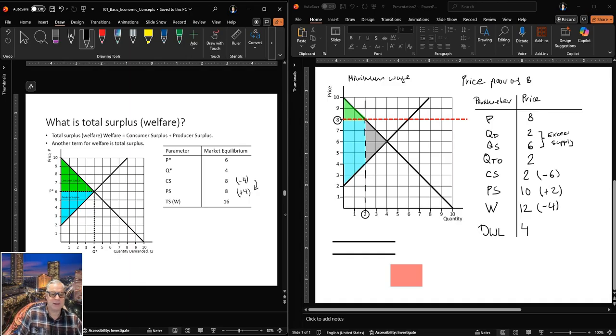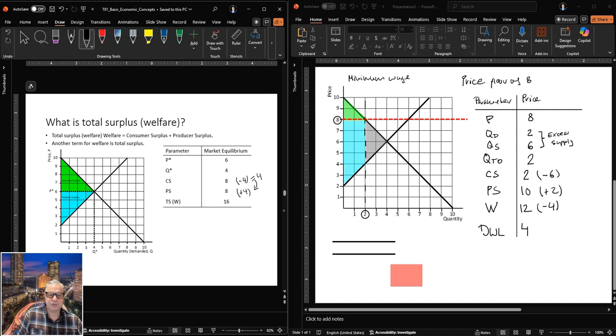Well, then total welfare is still 16, but consumer surplus would now be 4, 8 minus 4, after they are being taxed. Well, the consumer surplus of 4 is still better than the 2 after the minimum wage or the price floor.